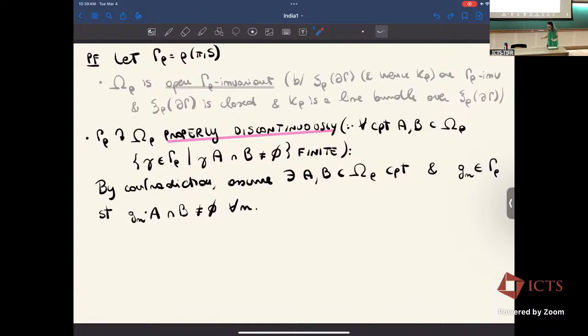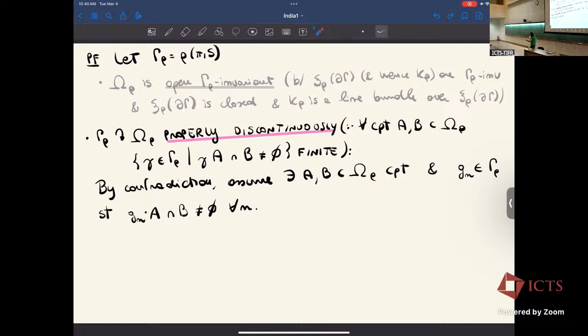And for the proper discontinuity, this is what most of the proof is, and you use contradiction. In Guichard and Wienhard, they use this equivalent characterization of proper discontinuity: you take two compact sets in Omega, and you look at the set of elements gamma such that gamma of one intersects the other. You want this to be finite. So the point of the proof is really assuming this is infinite.